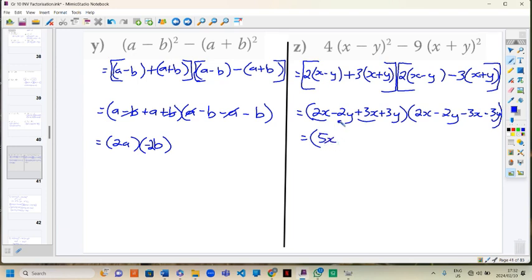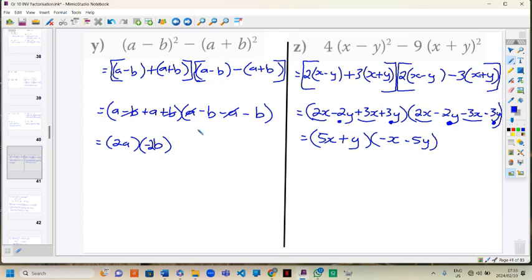Okay, negative 2y plus 3y is positive y. Close bracket. Alright, 2x minus 3x, negative x. Okay, minus 2y minus 3y, negative 5y. Close bracket. Alright, and there we go.